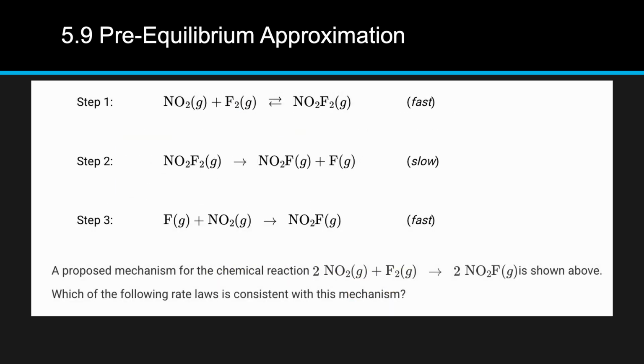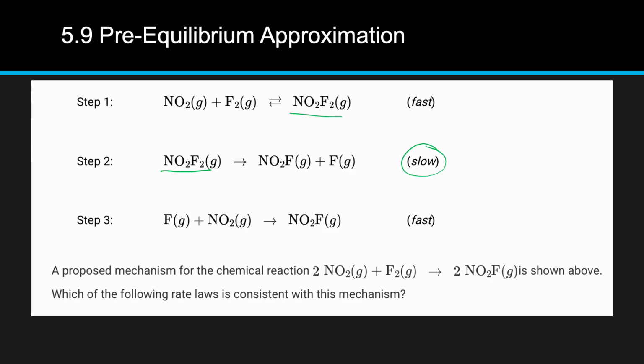All right, and let's just do a few more examples so that we can make sure we understand how to get rate law from these types of reactions. It says we have a proposed mechanism for the following reaction. Which of the following rate laws is consistent with this mechanism? So this is typically a multiple choice question that I turned into an FRQ. So let's go ahead and get the rate law from this mechanism. So we can see that step number 2 is our rate determining step. We are going to look at our reactants and see if any of them cancel out with our product from step 1, which in this case it does.